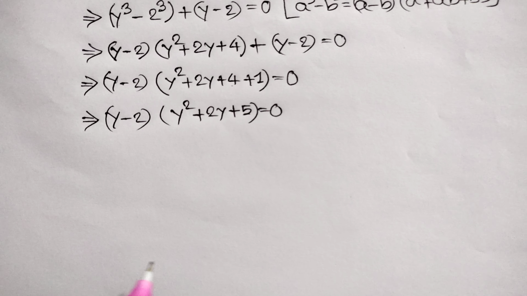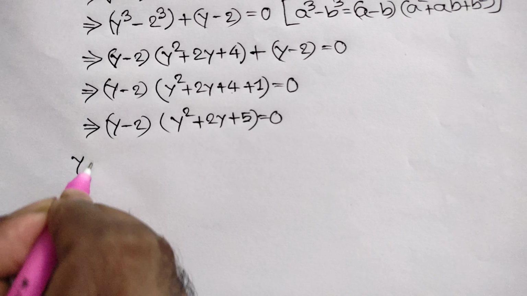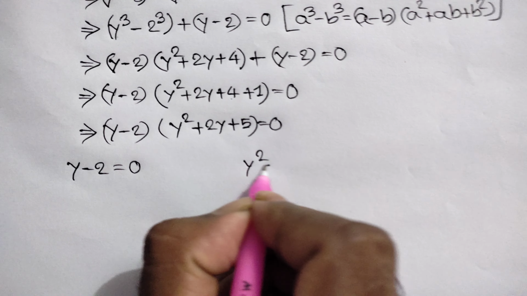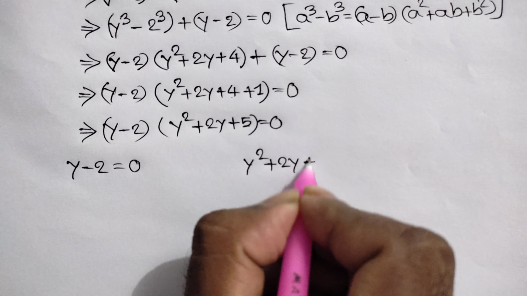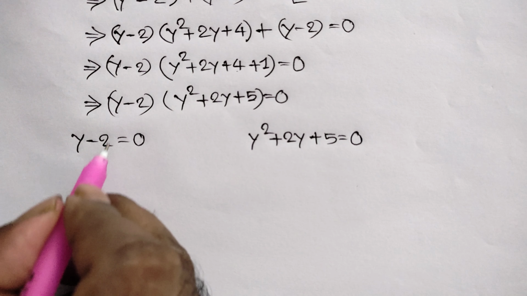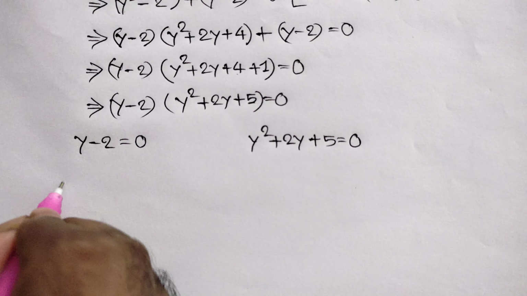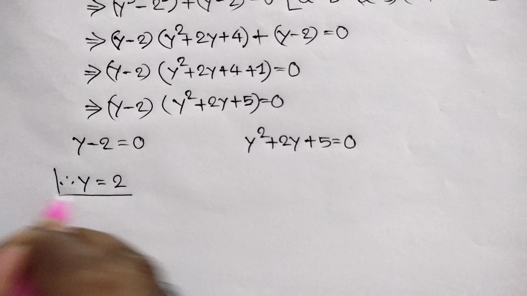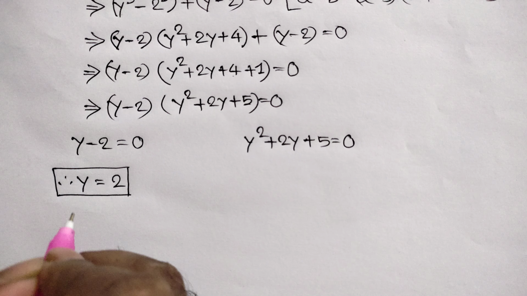Now from here we have two cases: y minus 2 is equal to 0, or y square plus twice y plus 5 is equal to 0. Taking this negative 2 to the right side, we get the value of y is equal to 2, and it is our final solution.